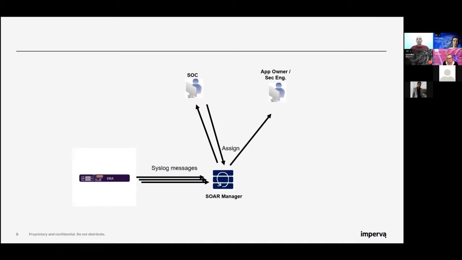Of course, through the SOAR mechanism, making sure that the flow is working correctly, and so on. And the application owner or security engineer will then, using the API, manage the incidents in DRA. They can make a decision to create allow lists or close or reopen an incident at their discretion.